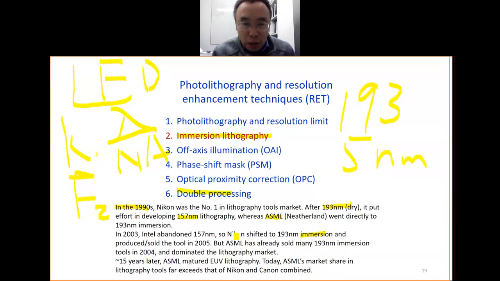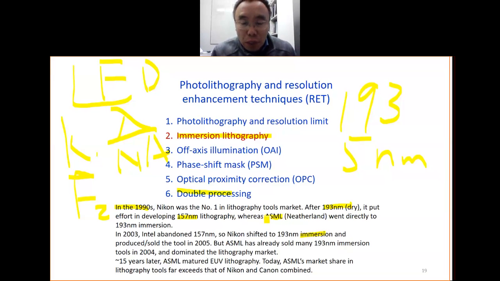Nikon also got an immersion lithography product in 2005, but it was already too late. So one went to shorter wavelengths, 157 nanometer, and the other went to immersion lithography. In the end, immersion lithography won. Because of this, today ASML is the dominant lithography tool manufacturer in the world.